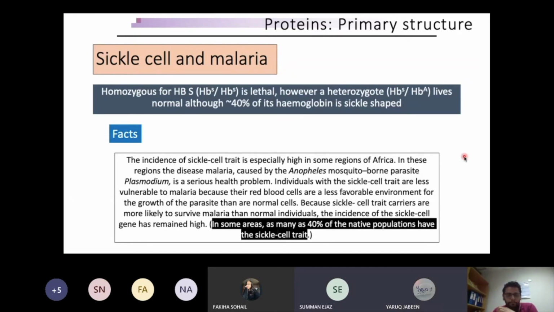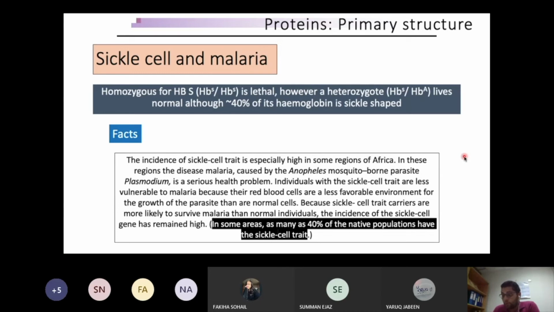Because they do not support the growth of the parasite, maybe because the blood carries less oxygen. Yes, exactly. For a malarial parasite, normal hemoglobin is the ideal thing, where there is plenty of oxygen, plenty of favorable environment. But sickle cell patients have less oxygen pressure, and this is not favorable for the malarial parasite, so it does not develop there quite normally.